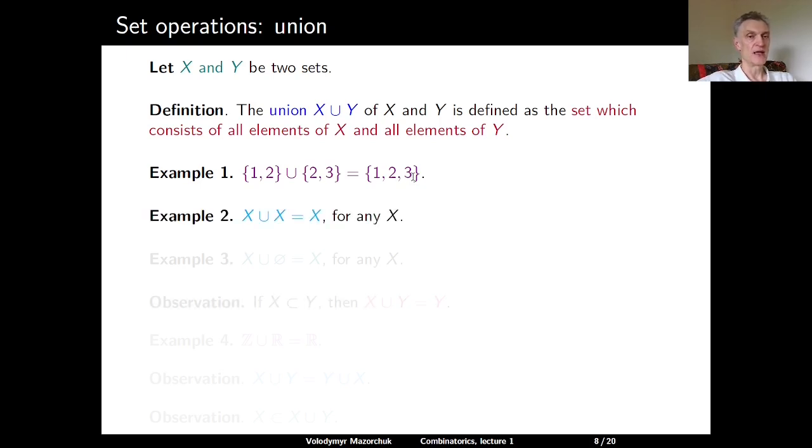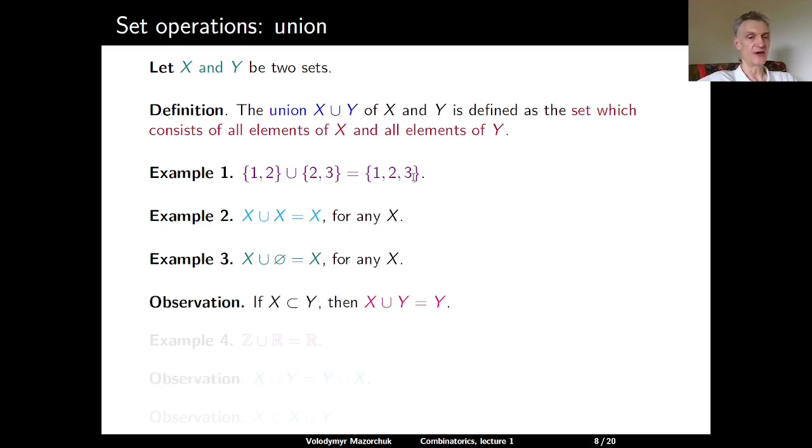Another example: X union with X is equal to X for any set X. Example 3, the union of X and the empty set is equal to X for any set X.